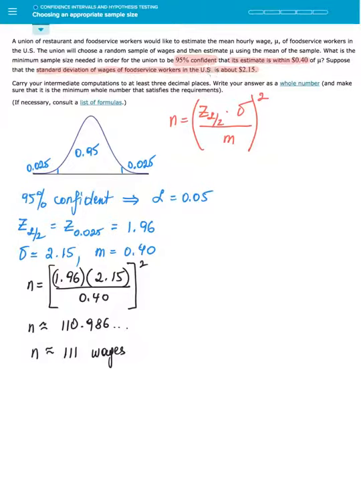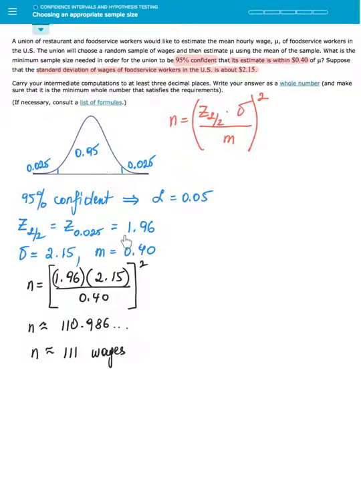95% confidence level means I have 95% of data in the center and the remaining 5%, my alpha, is equally split between two tails. That's why we use alpha over 2 as a subscript here. And z sub 0.025 is the critical value that will separate the 95% of data in the center from the area in the tails.